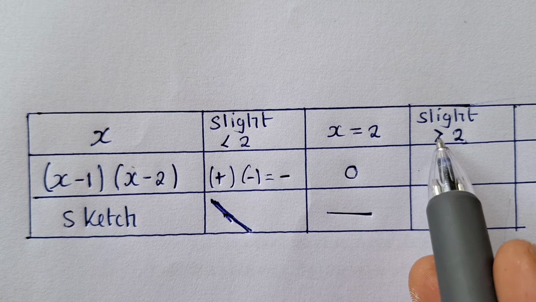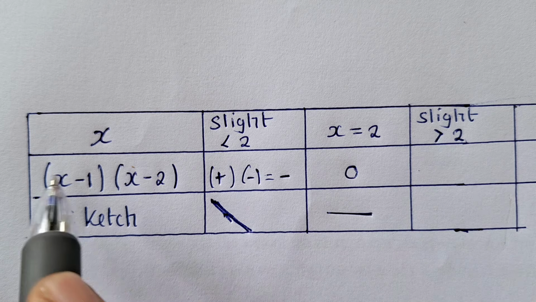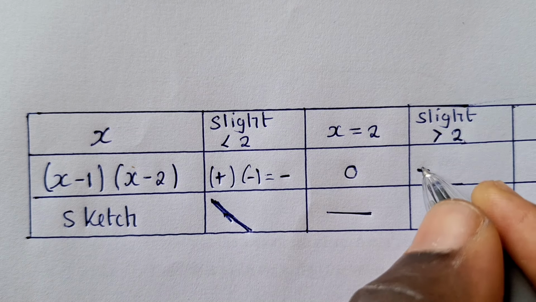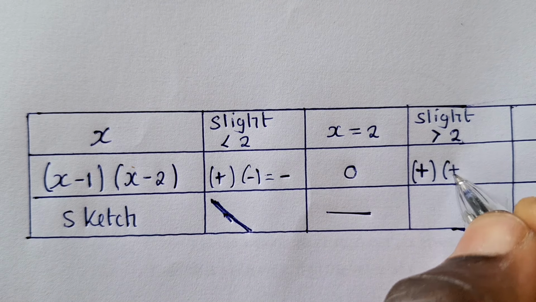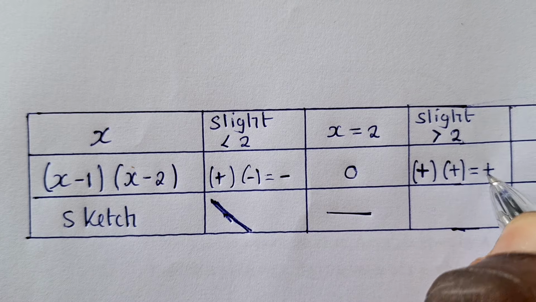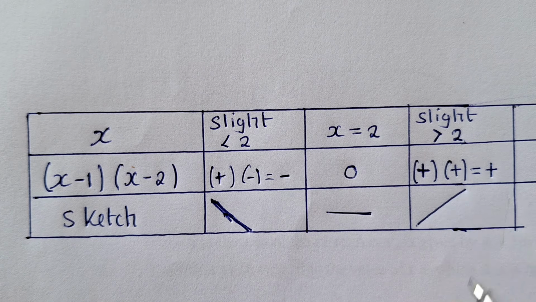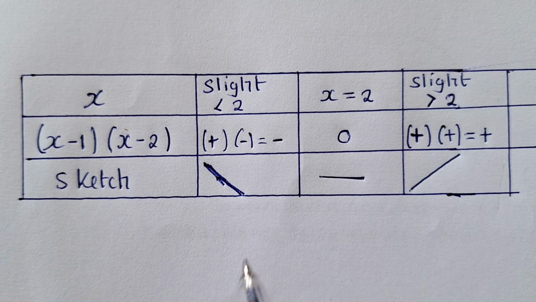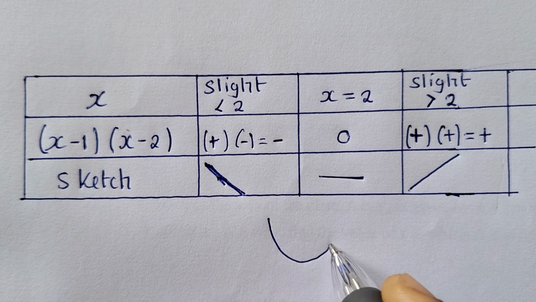We get a number slightly greater than 2. So maybe 2.5. You put it here, you're getting a positive. You put it here, you're getting a positive. So here it will be a positive. So here it will be like this. Okay? So meaning the graph is coming from top all the way, it turns and then it goes like that.